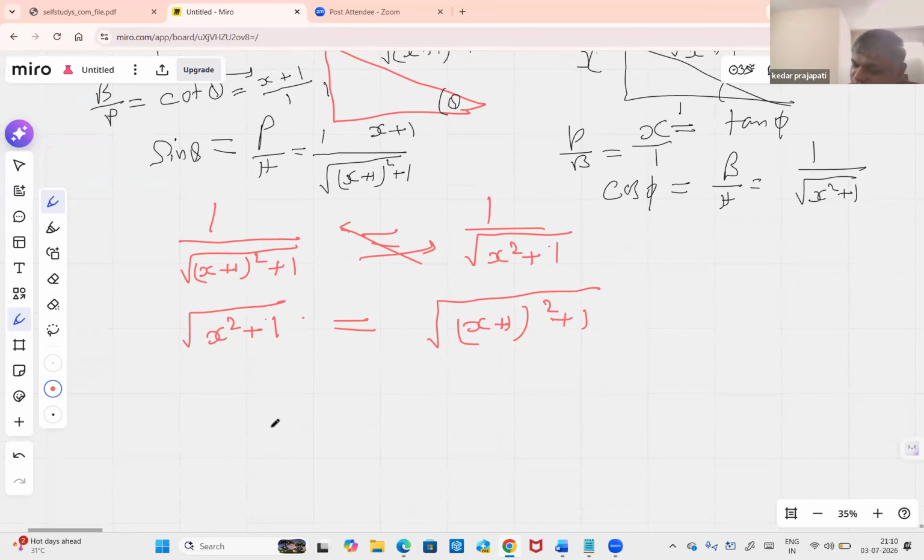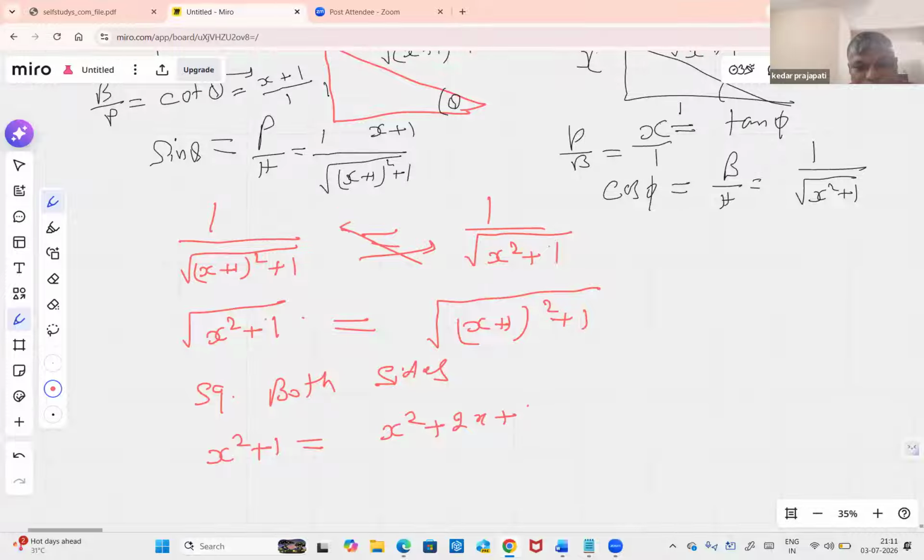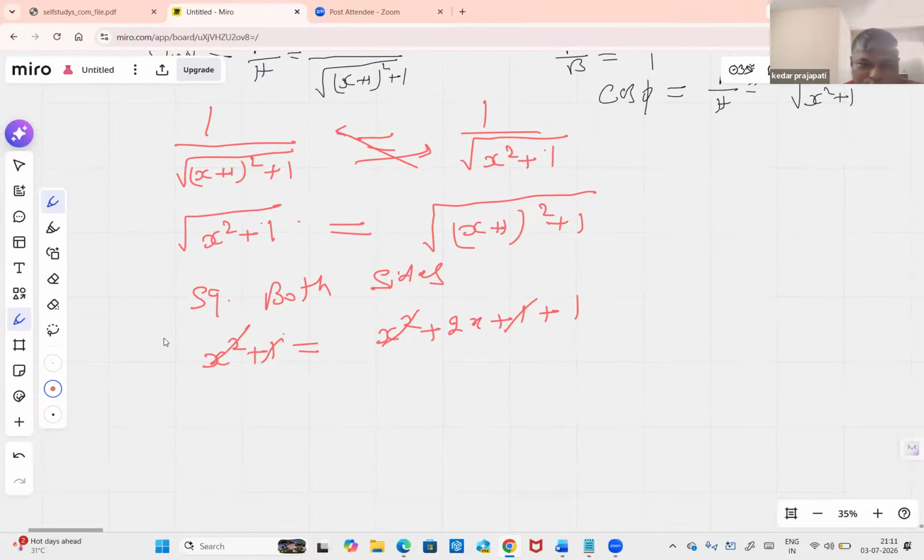Squaring both sides, x square plus 1 is equal to x square plus 2x plus 1 plus 1. The x square cancels and the 1 cancels. So we got 2x plus 1 equal to 0. Therefore x is minus 1 by 2.